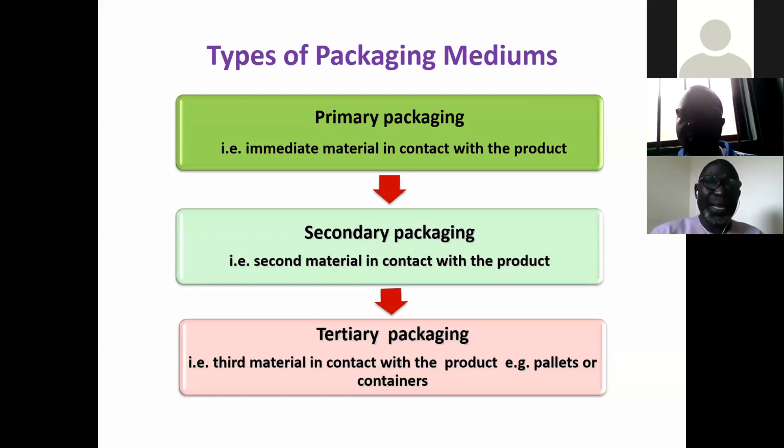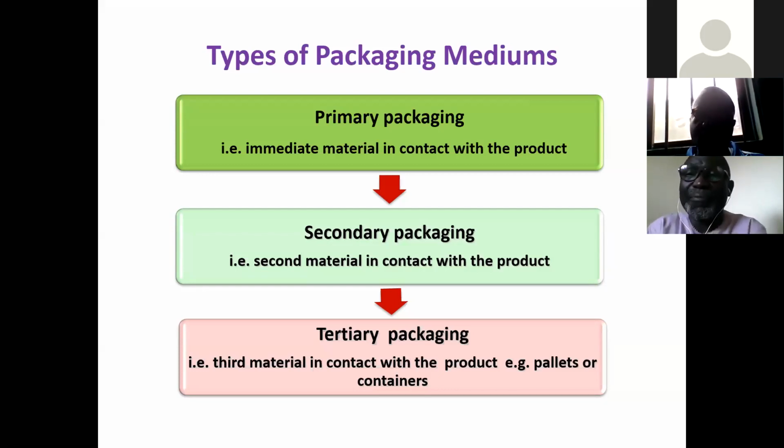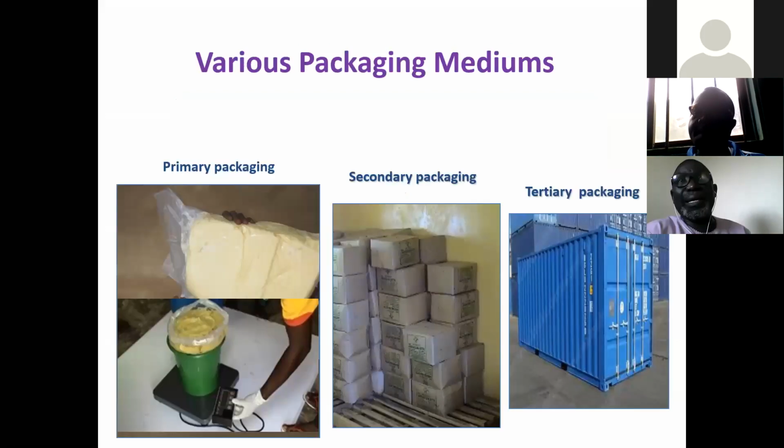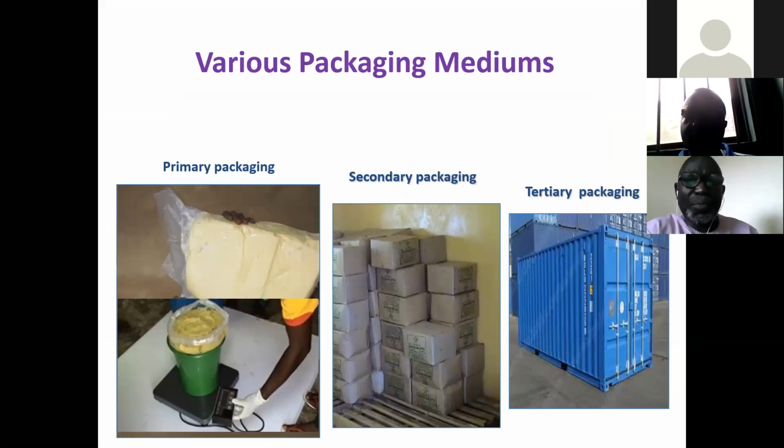The use of containers too can come under tertiary packaging, which is basically for logistics. All these have their various standards which must be followed, and I'm happy my earlier speaker talked a bit about them, because each of them has a particular standard, and it varies from country to country. But the most important thing is that in this part of the world, we have all those things in place.